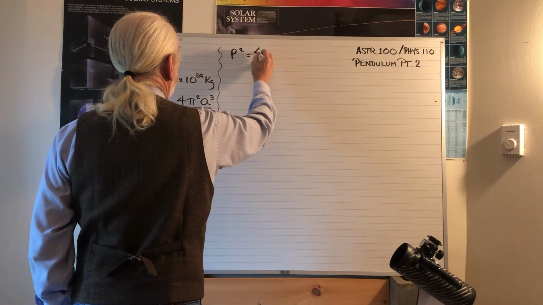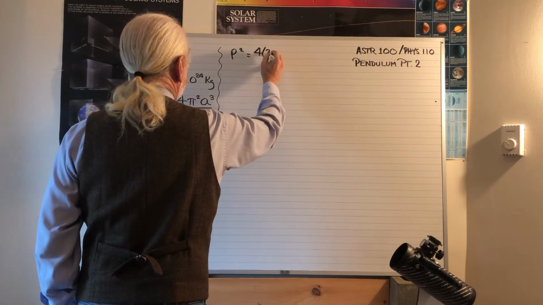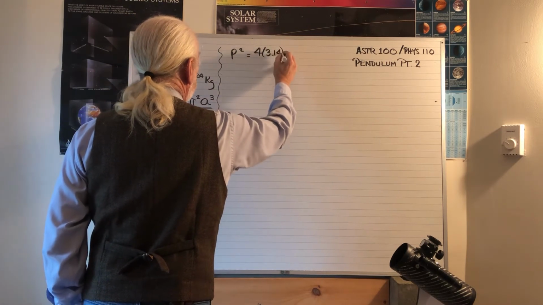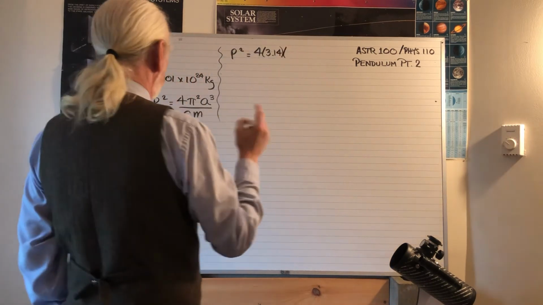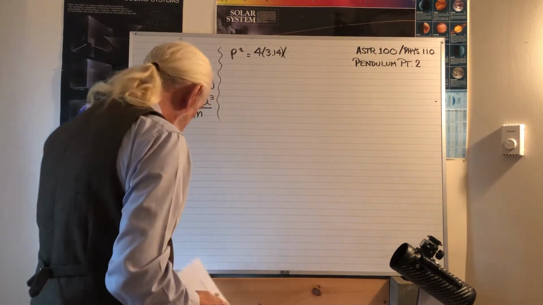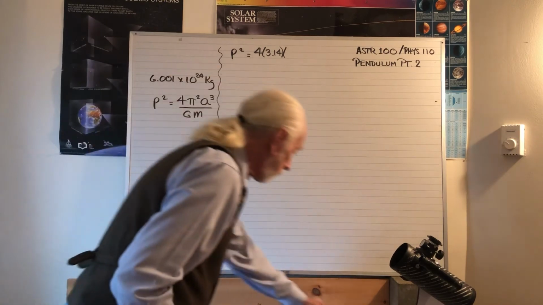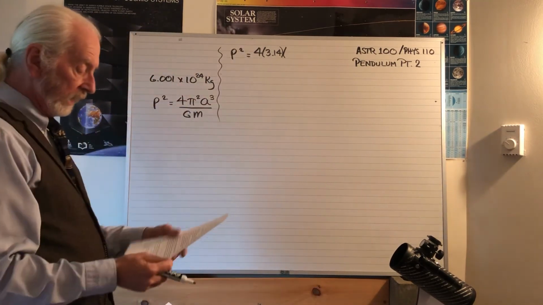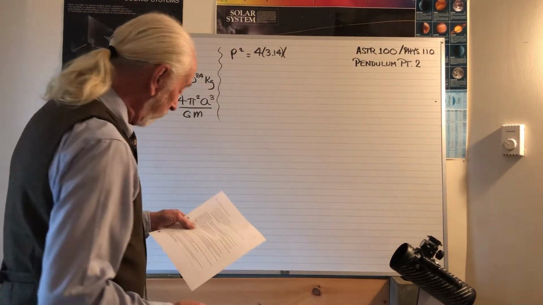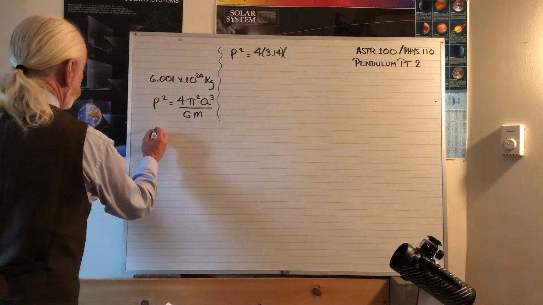equals 4 times 3.14 times the radius. Oh, we need to know what the orbital radius is. Well, the average orbital radius of the moon is 384,000 kilometers.